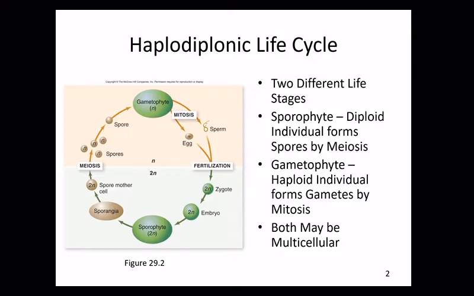What that means is that at different points in their life, if we divide this image in half, the plants could be primarily diploid cells. We refer to that as the sporophyte stage of growth, in that these cells are going to produce spores through the process of meiosis.